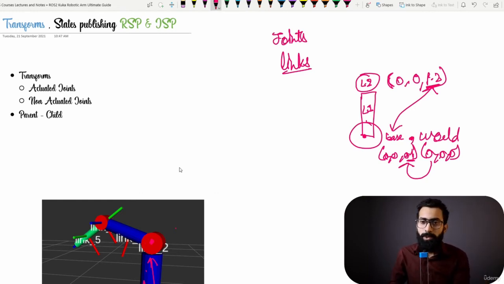Now coming to the point of actuated and non-actuated joints. We have certain joints which are fixed, they are not moving, those are known as non-actuated. For example, this base is never going to move. It is fixed with the world. You will see it is directly written: this joint is fixed, this link is fixed. So world and base are fixed, although there is an offset, but they are not going to move.